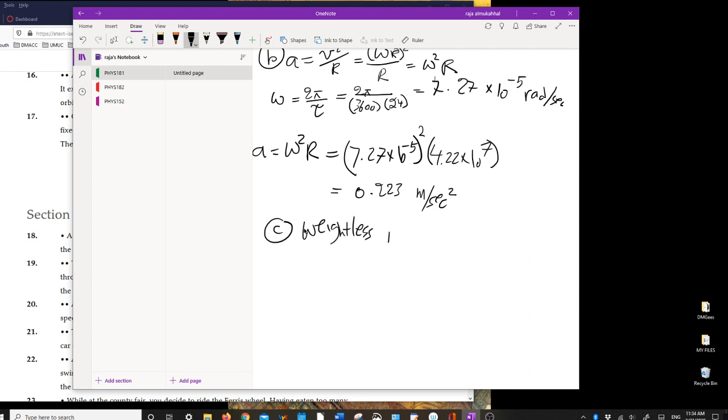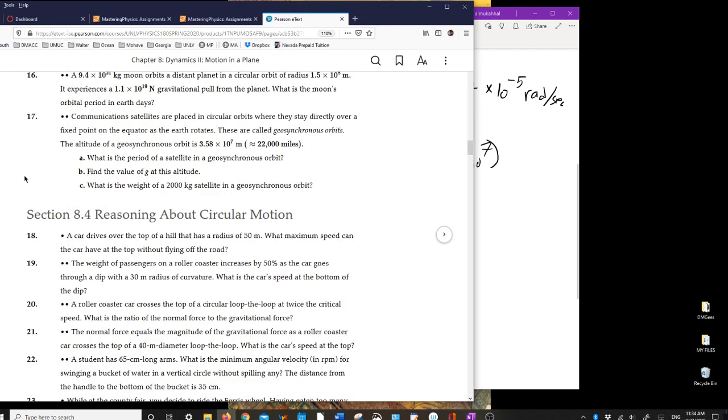So the weight w, which is mg, is equal to 0. So we have no weight because no normal force. Okay, simple problem.